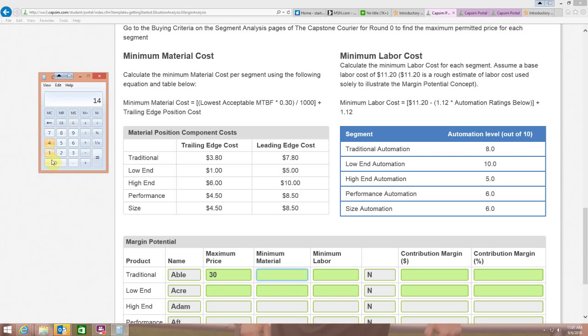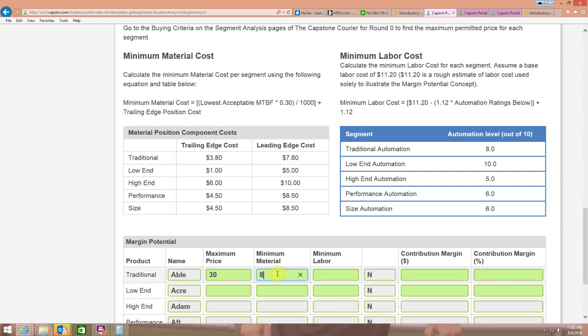I got 14,000 times 0.3, and then that's divided by 1,000, that's equal to 4.2. And my trailing edge cost is 3.8, so my minimum material cost is $8.